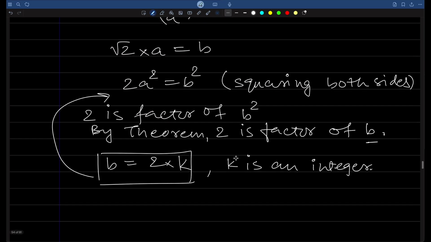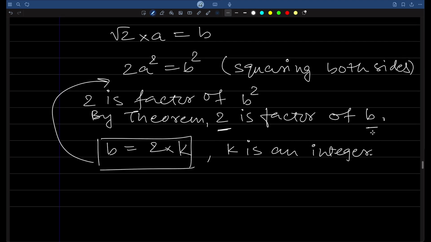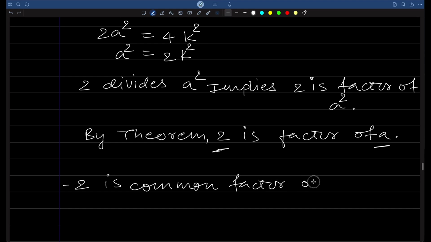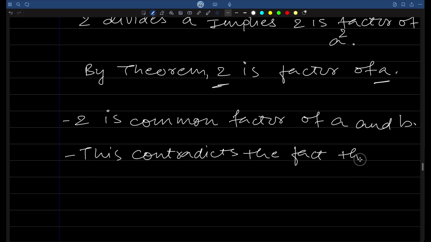But this contradicts the fact that a and b are co-prime numbers, because 2 is a factor of b and also 2 is a factor of a. 2 is a common factor of a and b, and this contradicts the fact that a and b are co-prime numbers.